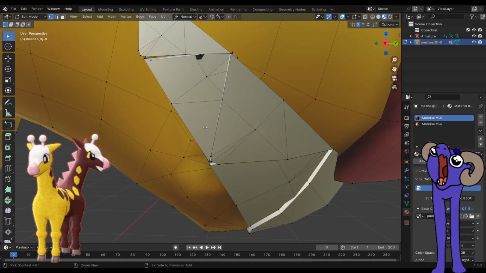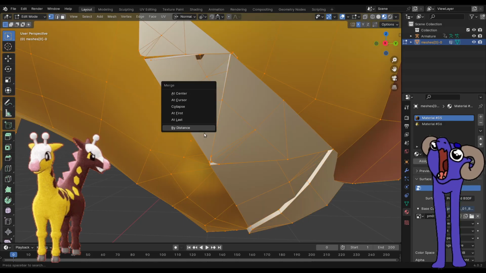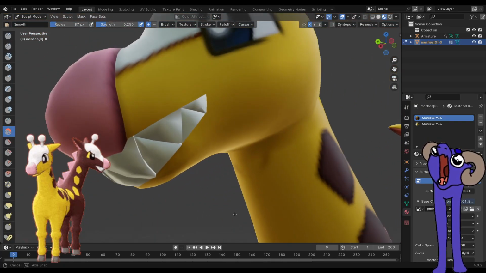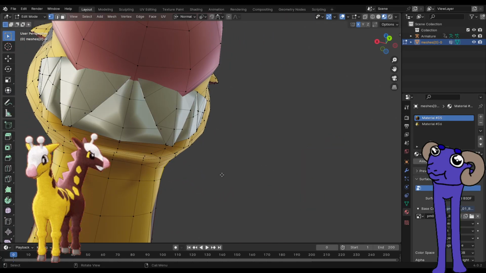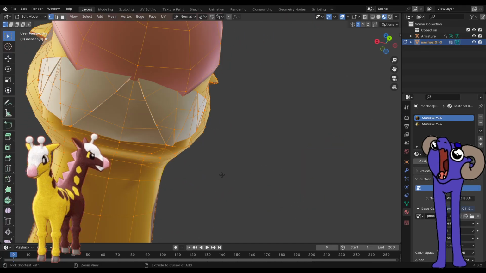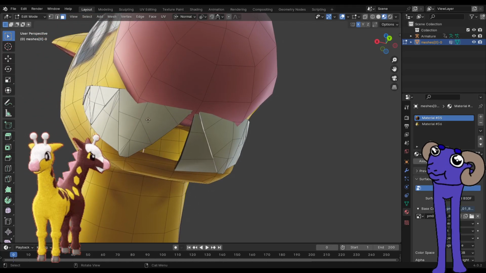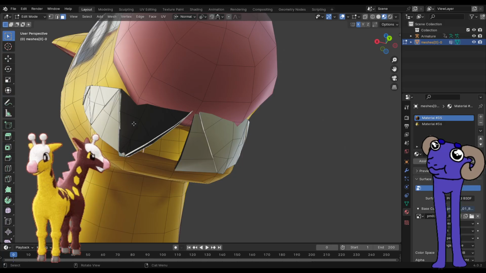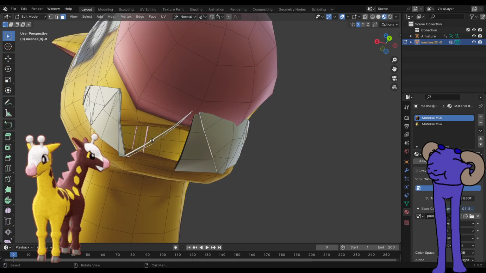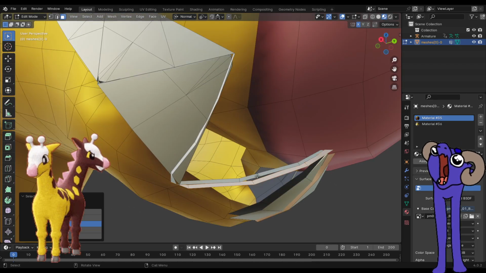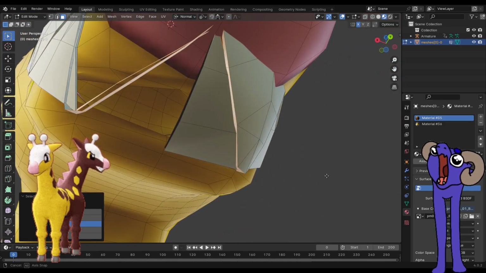So maybe we don't do a merge. Maybe we do. Oh, those are connected.